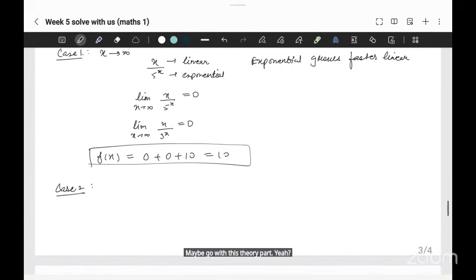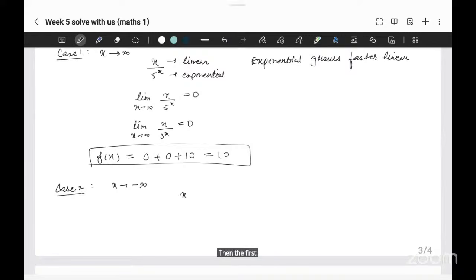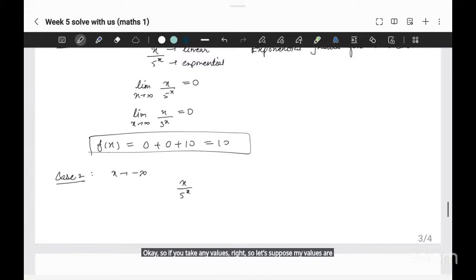Then next, case 2 is when x tends to minus infinity. When x is tending to minus infinity, the first term is x upon 5 raised to the power x, correct? If you take any values, let's suppose x equals minus 10.